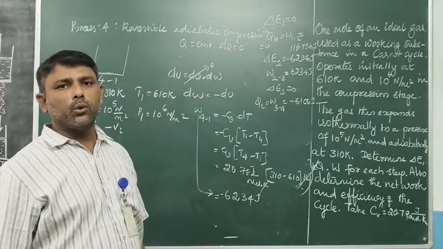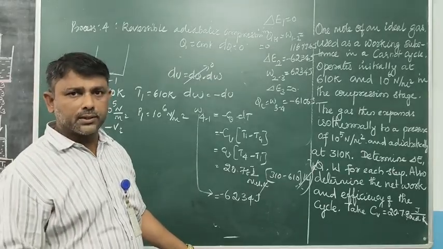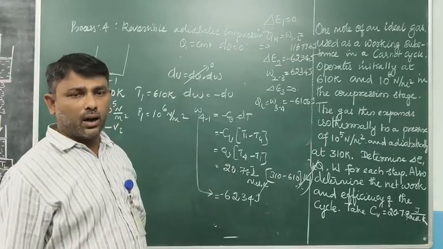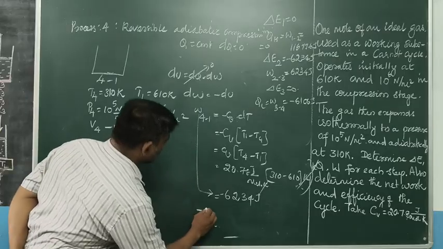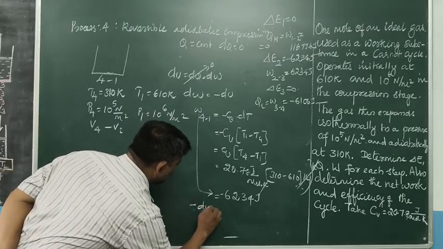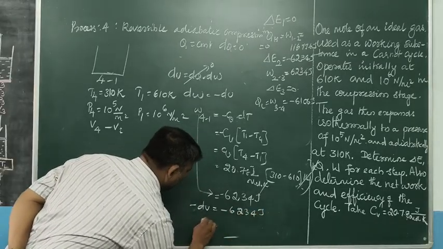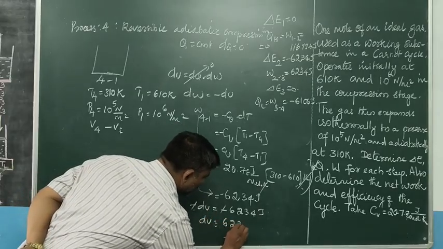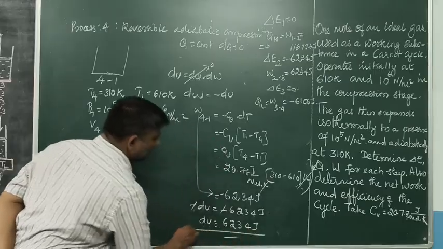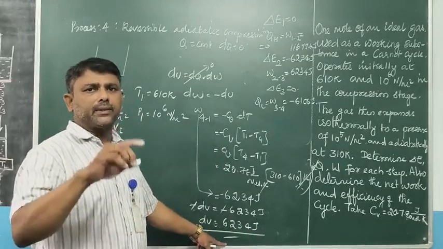This is the amount of work done on the system for adiabatic compression, or minus du is equal to minus 6234 joules, or du is equal to 6234 joules. This is the amount of energy added to the system as internal energy.